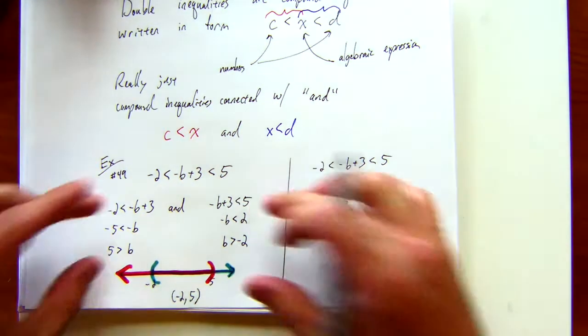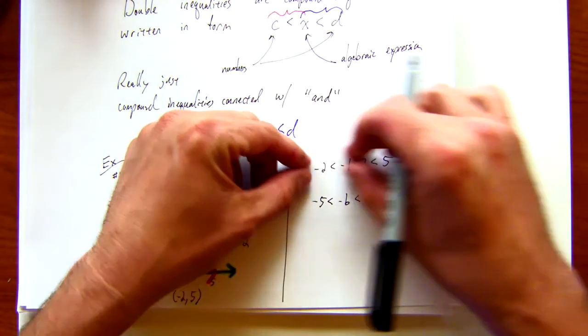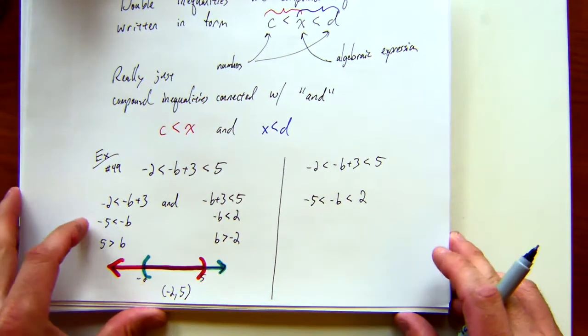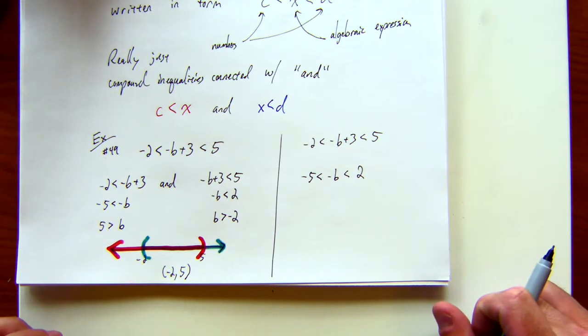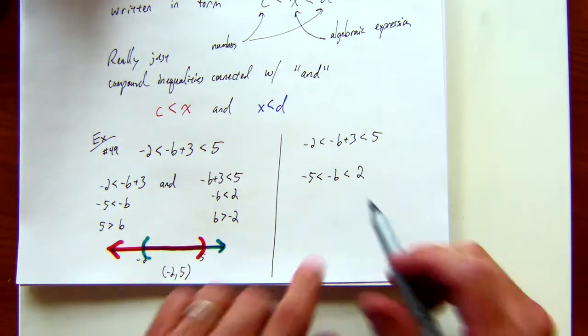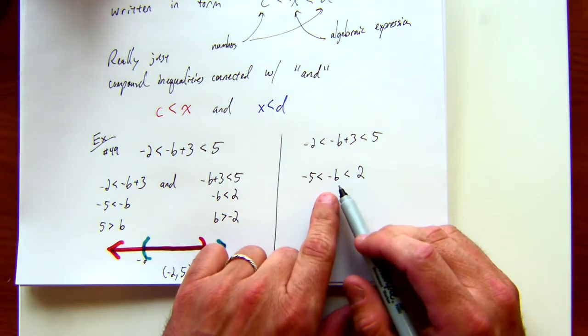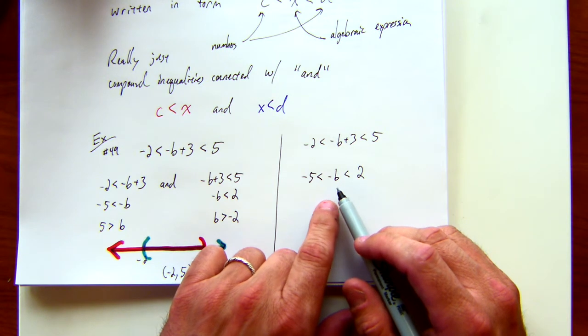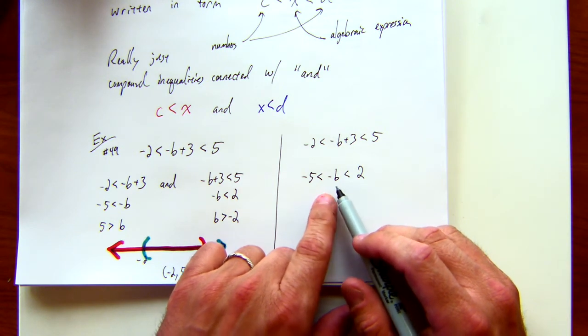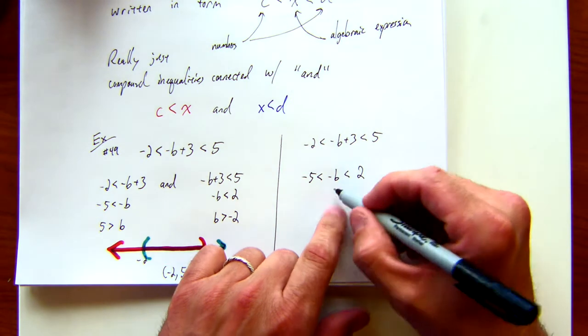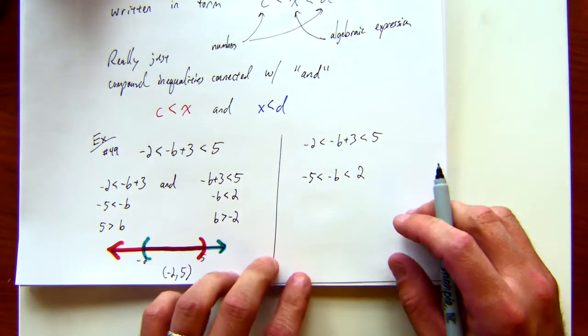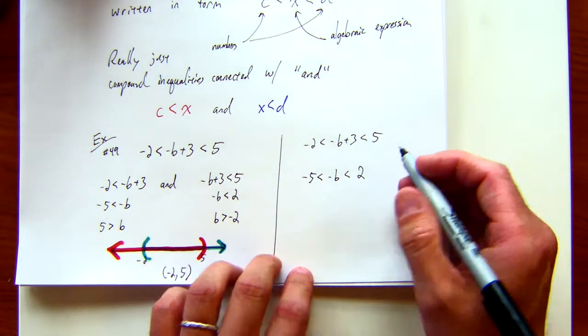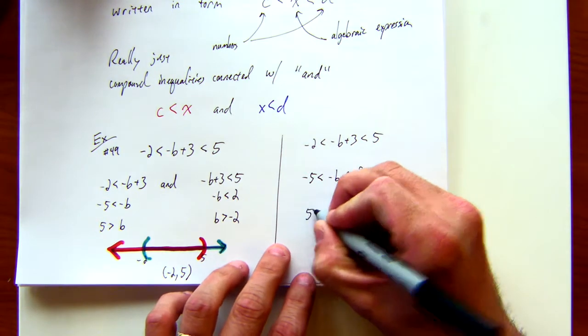So notice I didn't have to break it up. I can work with these things as a double inequality. Sometimes it'll be a little bit easier. What's the next thing I want to do? I want to get b by itself in the middle. What's the only thing I've got left to do? Divide by or multiply by negative 1. I just need to get rid of the negative sign. So just multiply everything by negative 1. This becomes 5.